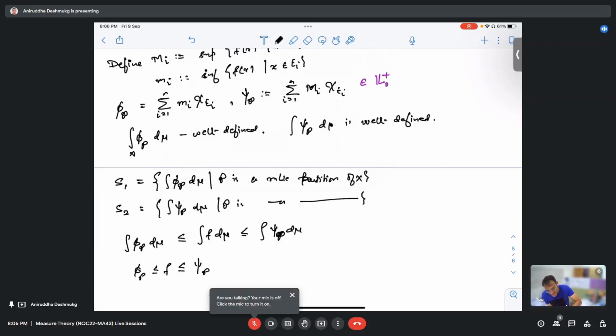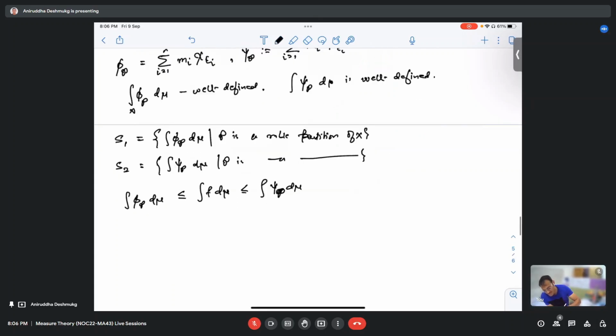So their integrals must satisfy this inequality because the integral is a monotone operation. Now we have this. Therefore, the supremum of S1 is less than or equal to the integral of f d mu, and this is less than or equal to the infimum of S2. Do you agree with this?